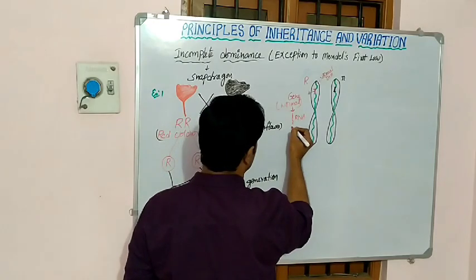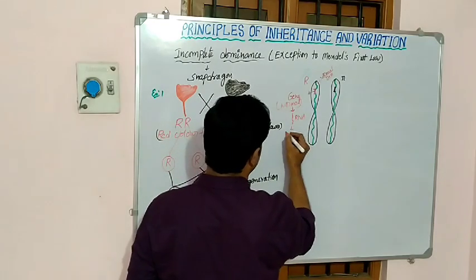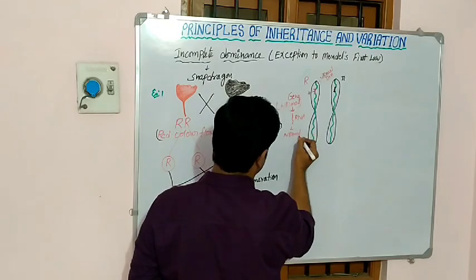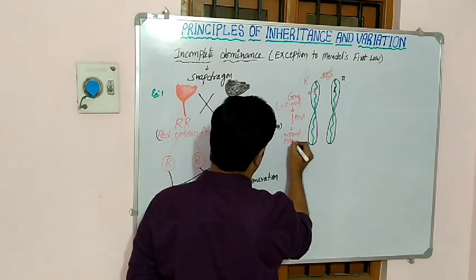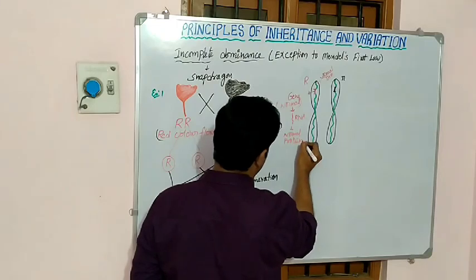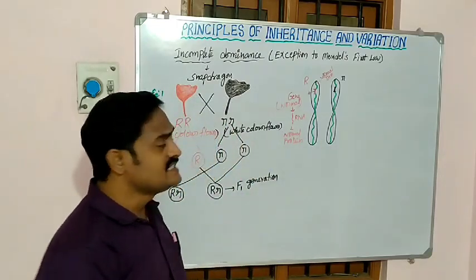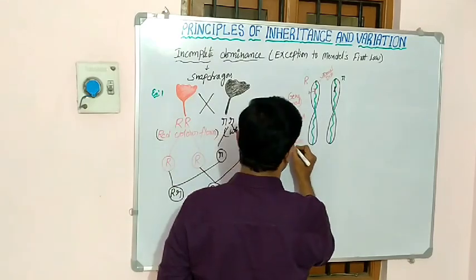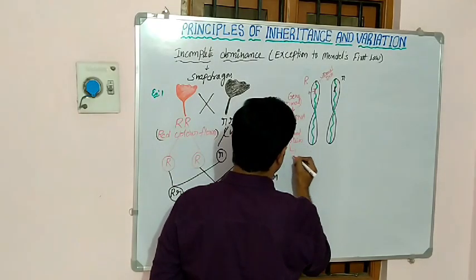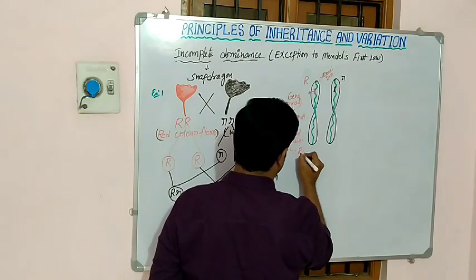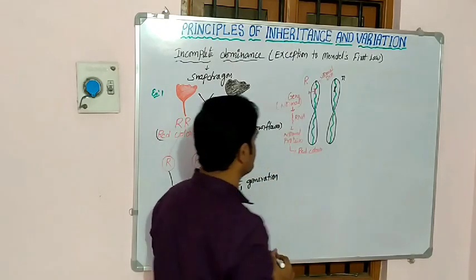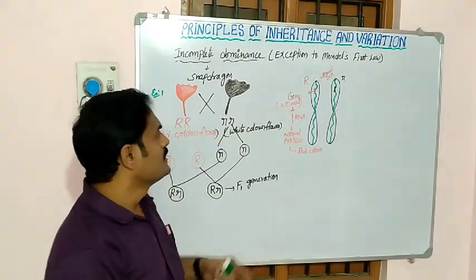Then this normal RNA produces the normal protein. Remember. So this normal protein is responsible for giving the red color. Which color? Red color. Understood?